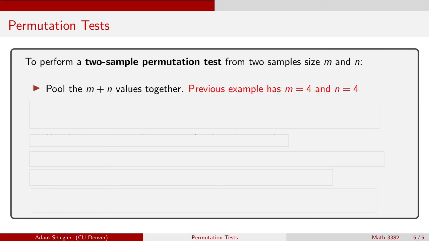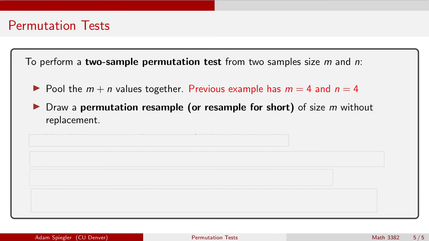So at first, we get all of these volunteers that come to our survey, our study, and there's M plus N of them. In our previous case, these happen to be the same. Generally speaking, that's not going to be the case. And then we randomly pick the first M of them to go into, say, a treatment group, or they go into one of our groups. And we're going to pick this without replacement.